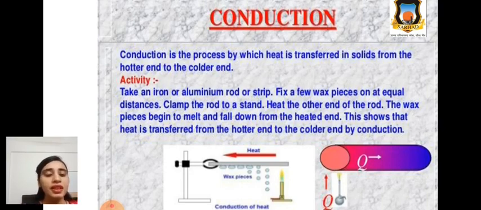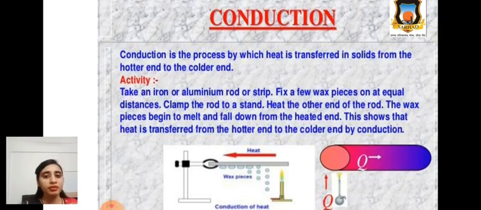See this other activity. In this activity we use a gas burner, which is already present in our home also, and one spoon, or you can use a big spoon like a serving spoon.